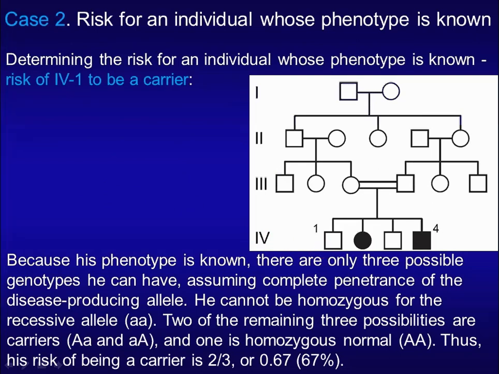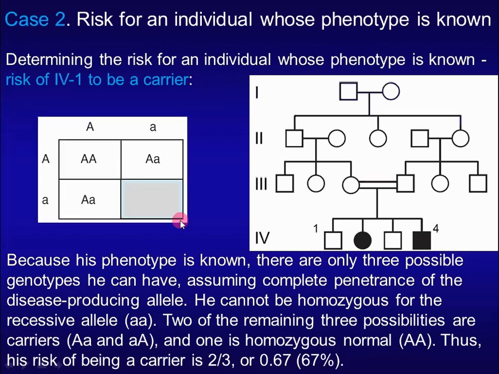When we use Punnett's square, we should rule out the possibility of this man being homozygous for the recessive allele, as shown here. As a result, there are only 3 possibilities. Out of these 3, 2 correspond to carrier. Therefore, the risk of this man being a carrier is 2/3.